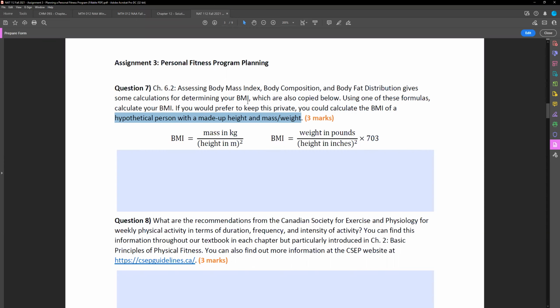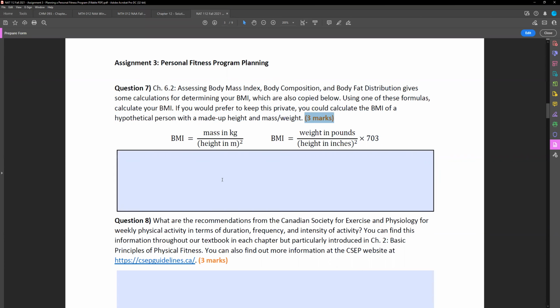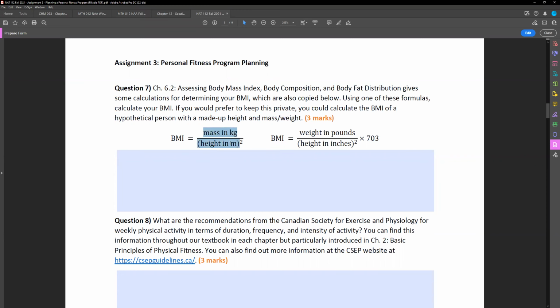And if you wanted, I could go over an example at the end of me talking about this assignment if you want to see the calculation done in front of you, if you didn't get a chance to see it in the video. So 3 marks for a quick calculation, and you can even verify it. There's BMI calculators all over the place that will tell you the correct answer, but I want to see you actually use these numbers and do the calculation for me.